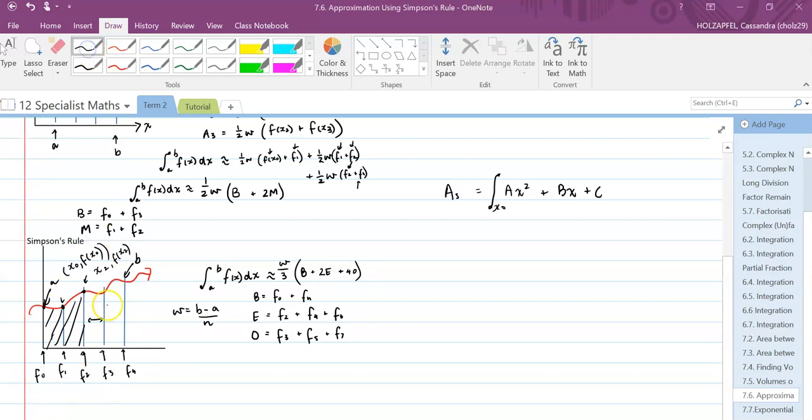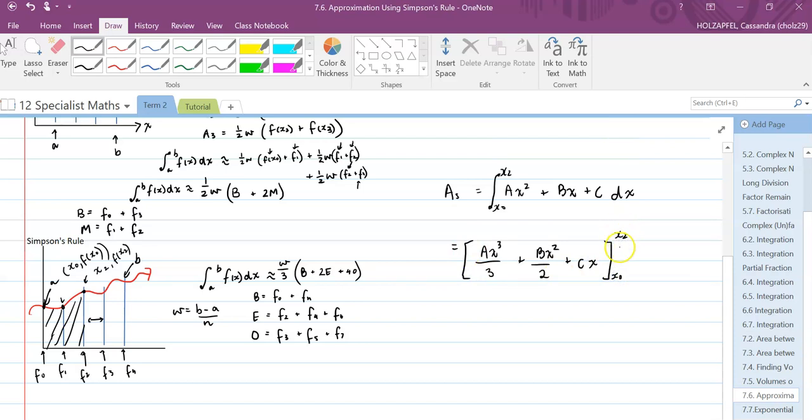Okay, so the top limit for that integral will be at x2, and of course we're going to integrate with respect to x. Going ahead and performing that integration now to find the area under this polynomial that we have created, we're going to get ax cubed over 3 plus bx squared over 2 plus cx, and we're looking for the region from x0 to x2.